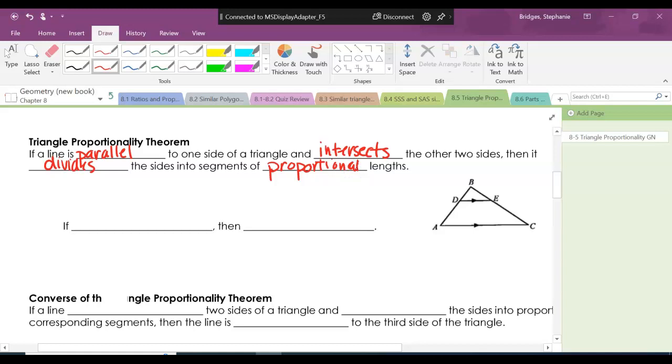Okay, so if one line is parallel to one side of a triangle, and it intersects the other two sides, then it divides the sides into segments that are of proportional lengths. So if DE, does everybody see segment DE in my picture?